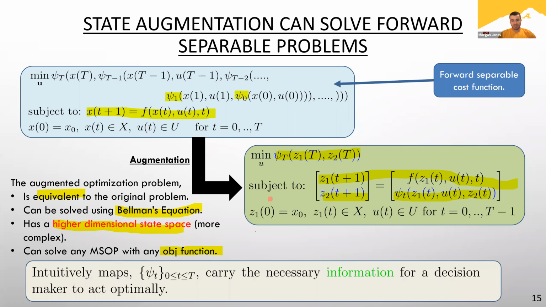So intuitively, these psi maps carry the information necessary for a decision maker or agent to act optimally. And this information we include in the state space to propagate through, because the agent has access to the previous state of the system.